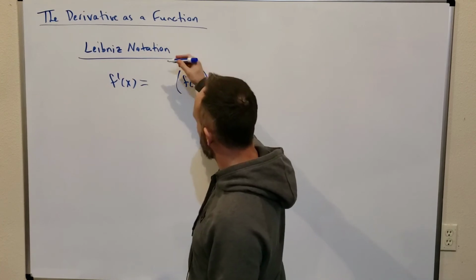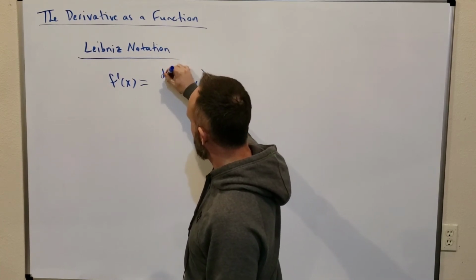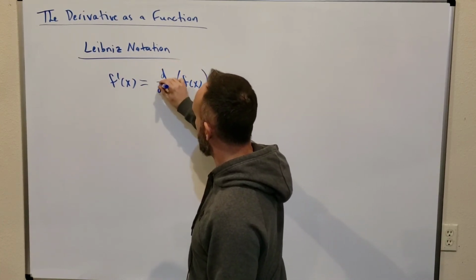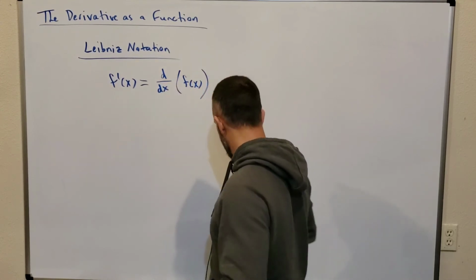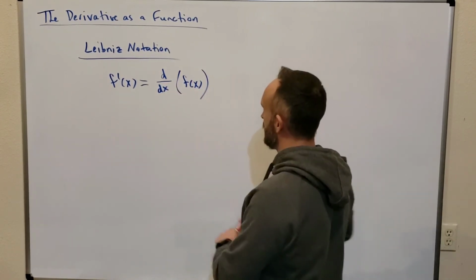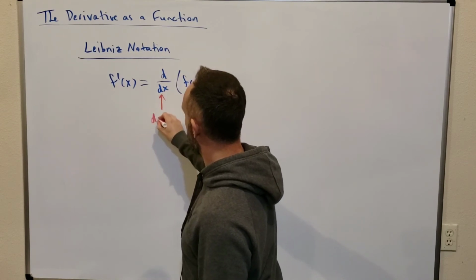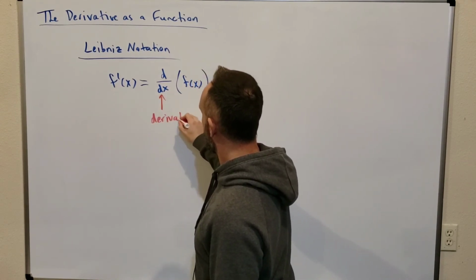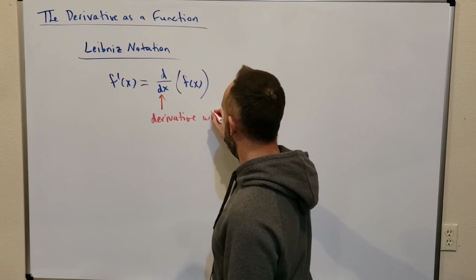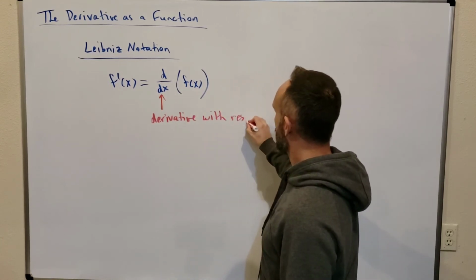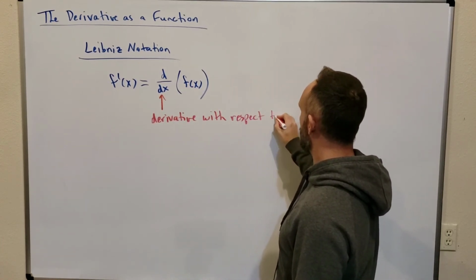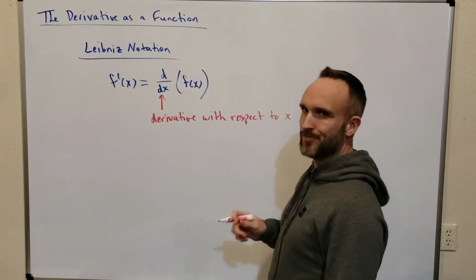And so the way it's typically written is a d over a dx. And so what this d over dx means is the derivative with respect to the variable x.